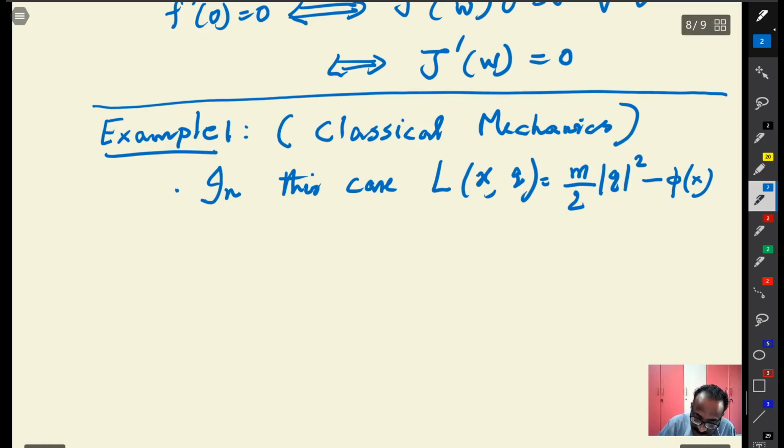In this case, this will become the kinetic energy. I told you q has to be x prime eventually, and that's nothing but velocity. So this is the kinetic energy, and this is your potential.